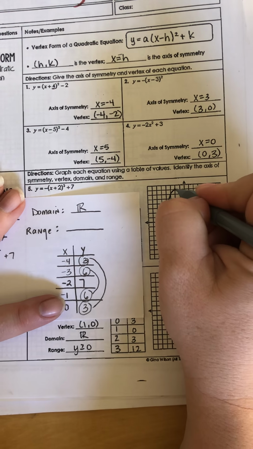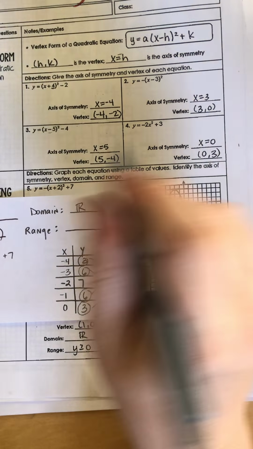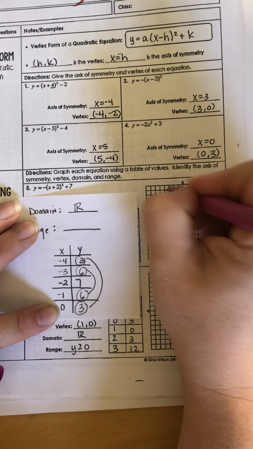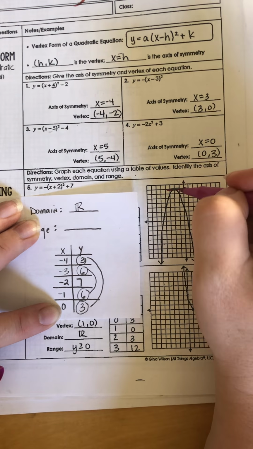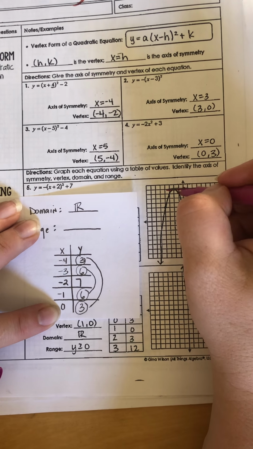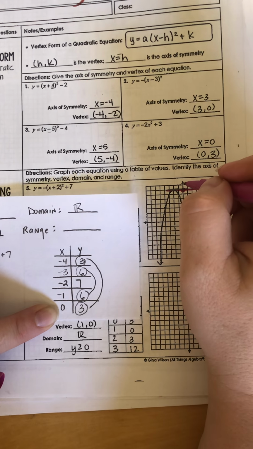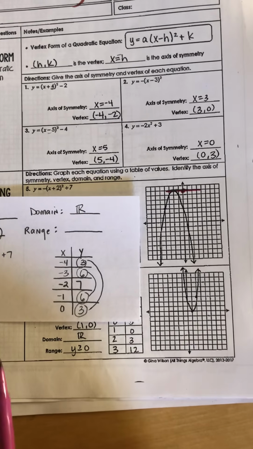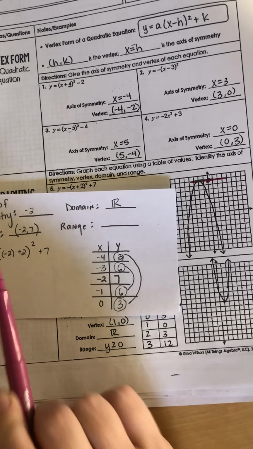Okay, my range is a little bit different. Notice my range has a maximum. It's going to stop here, right there. Let me get my other pen. Okay, and we're talking about our y this time. So our y is going to stop here at this coordinate right there. I'm only interested in my y because that's what my range is. So my y is actually going to go all the way up, and my y is actually 7. And if you notice, you have a 7 over here in my vertex, which is what we found out here.